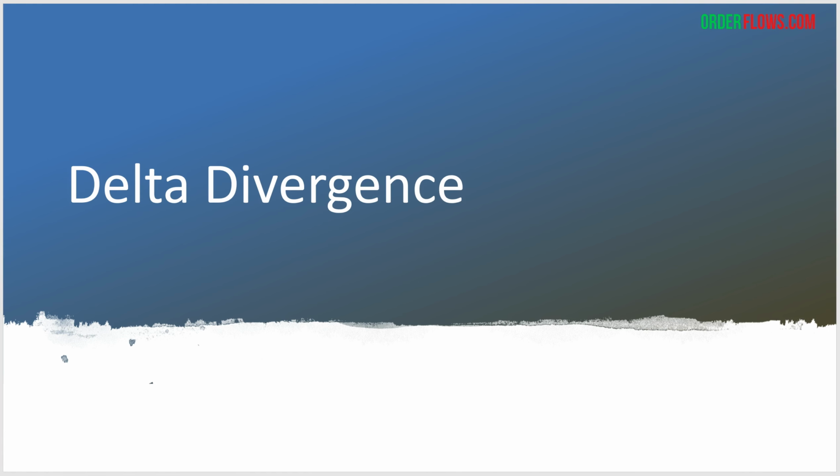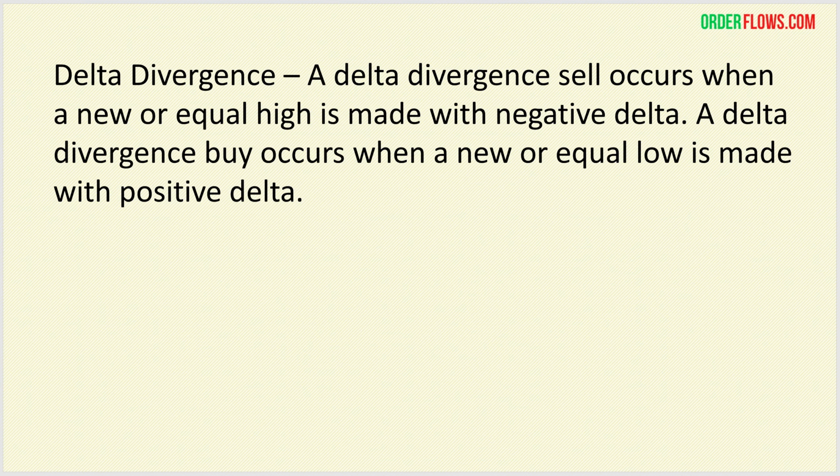So delta divergence, this is the second one I want to talk about. A lot of order flow software has a delta divergence component fixed into it. In the purest sense, a delta divergence sell occurs when a new or equal high is made with negative delta. Because when you make a new high, you expect to have positive delta.